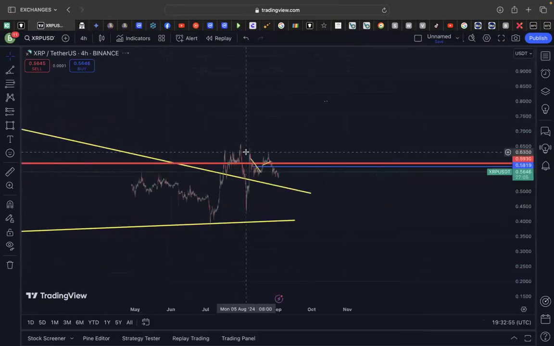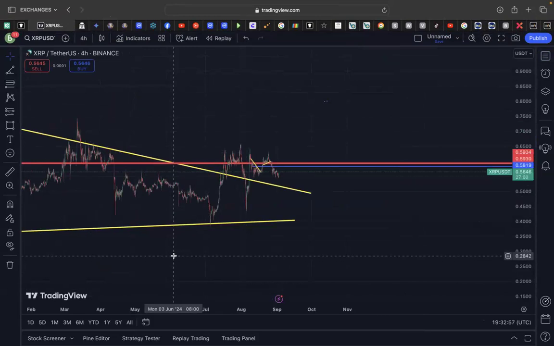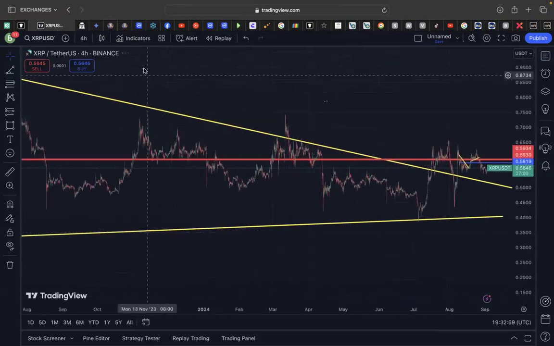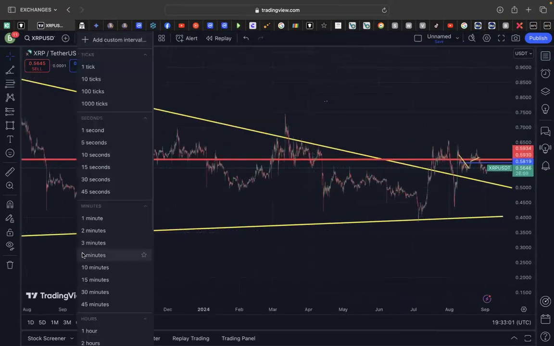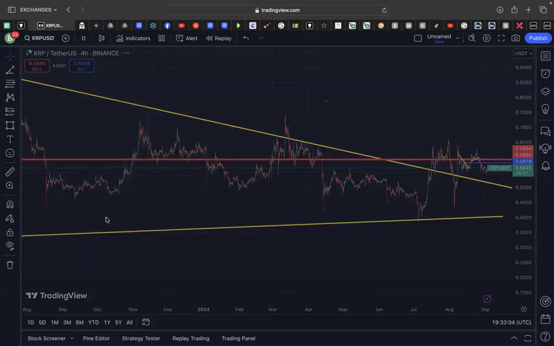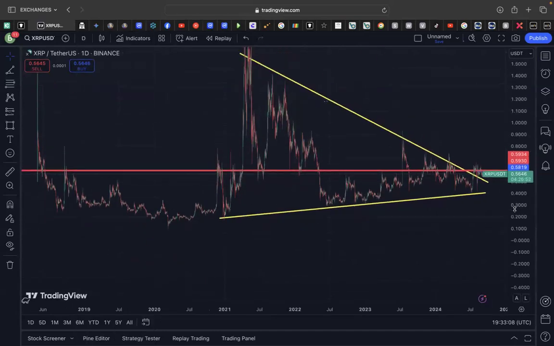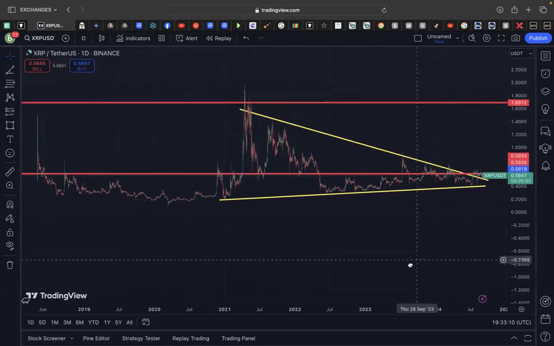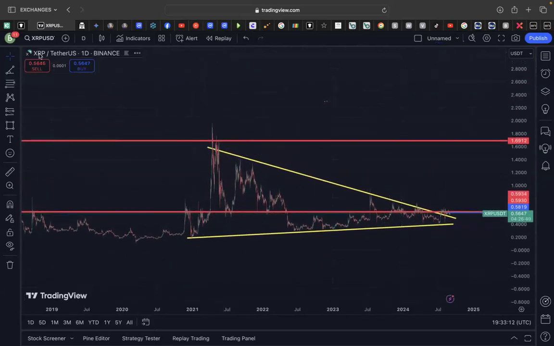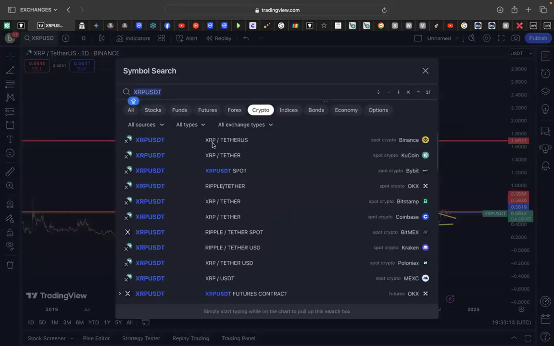We have looked at this chart before. I'm going to go to a much higher time frame, like the day one, the daily chart. Okay, not even my style. Let me open a much bigger chart for XRP.